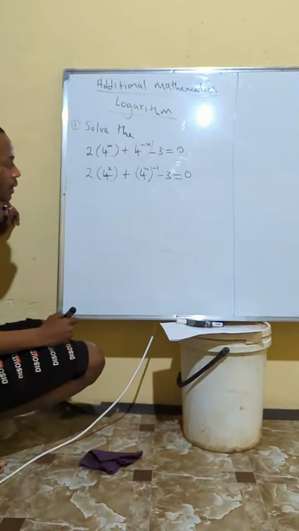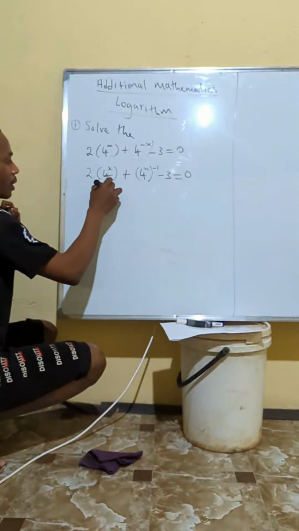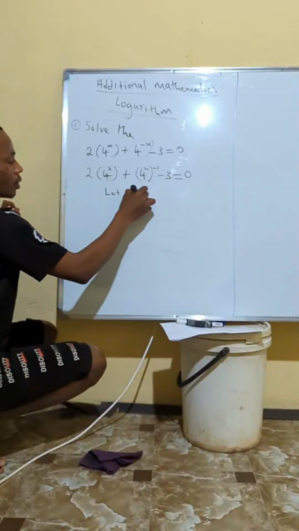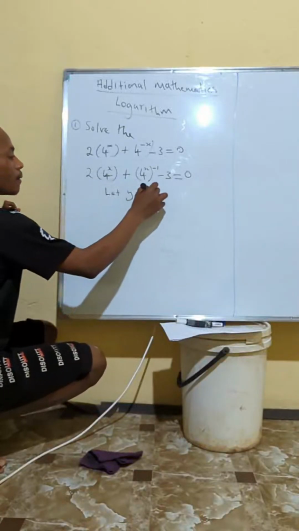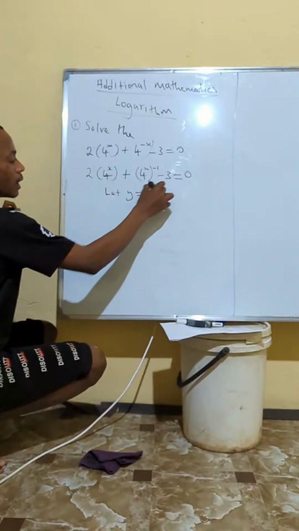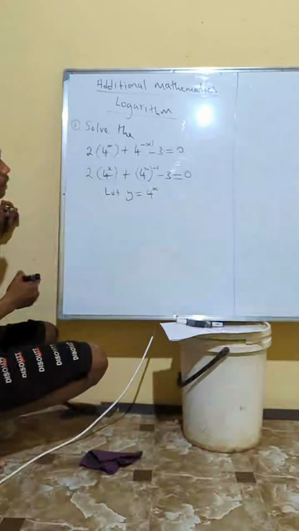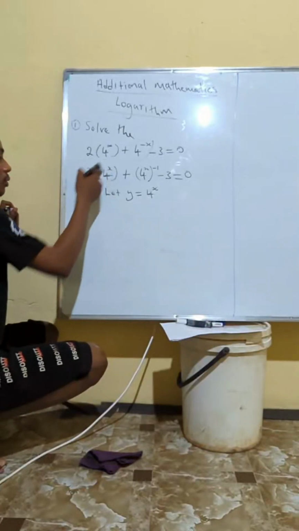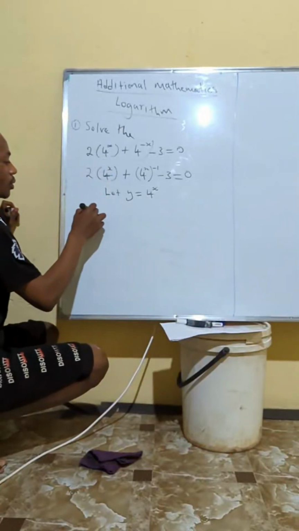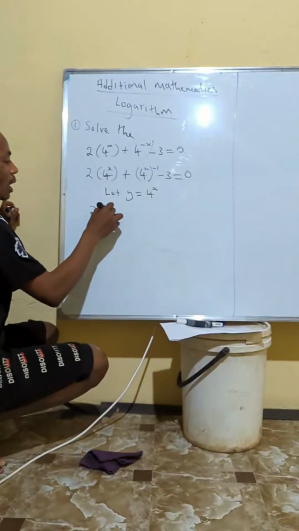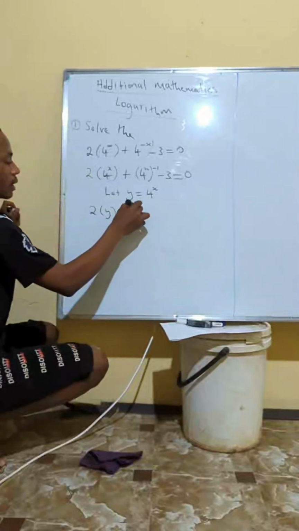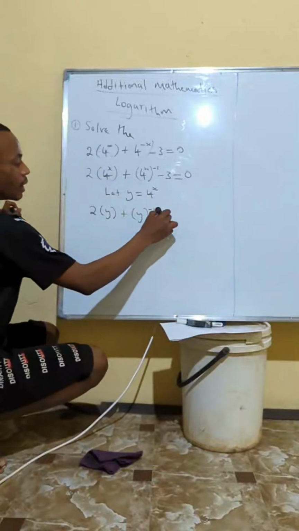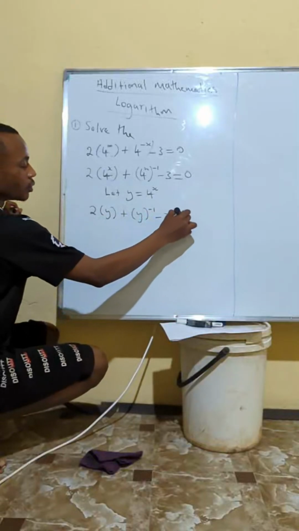Then when you reach here, you're going to say let y be equals to 4 to the power x. Then after you do that, where there is 4 to the power x, you are going to change, so it will be 2, then y plus y to the power negative 1 minus 3 is equals to 0.